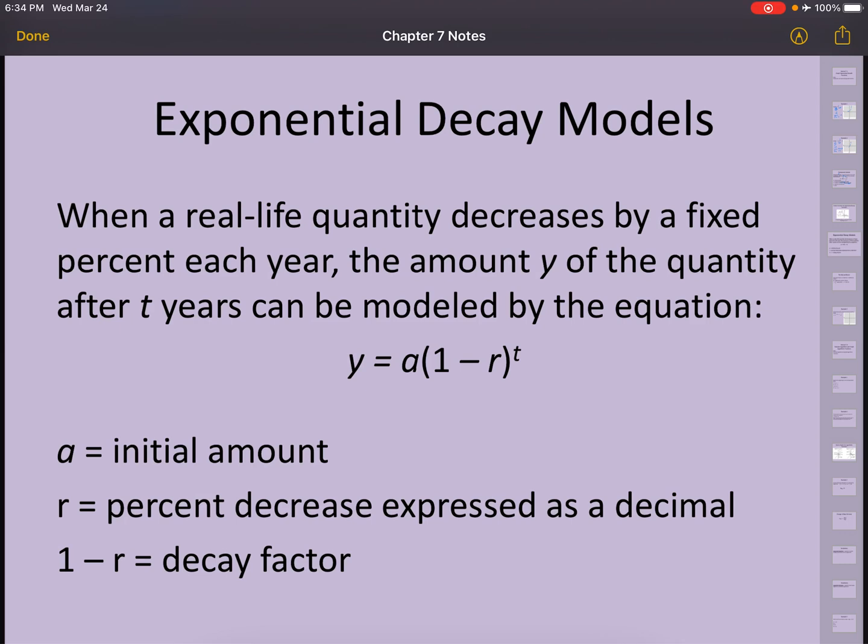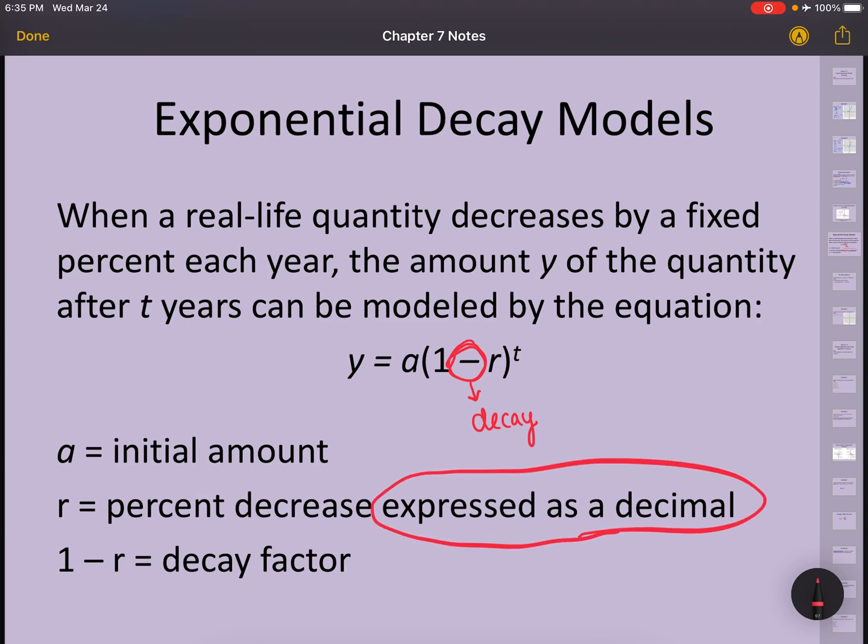Now this is different from the growth one by one major thing, and it's the minus sign in between in our growth factor, or decay factor in this case, because it makes sense that this is subtraction because it is decay, whereas the plus sign meant growth for the growth formula, okay? But a is still the initial amount, r is still the percent decrease expressed as a decimal, so that's still important, and 1 minus r is the decay factor.